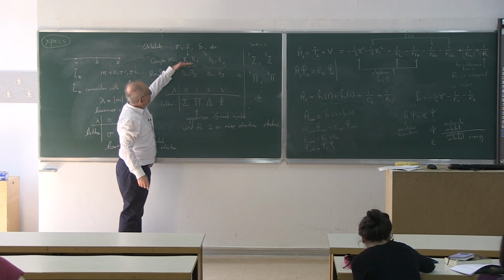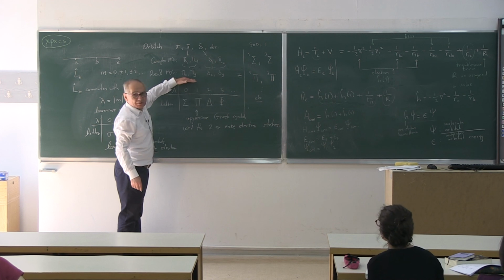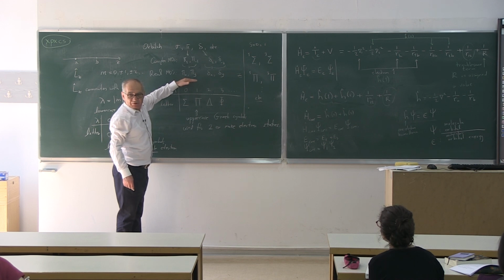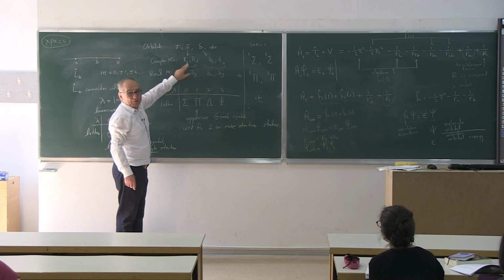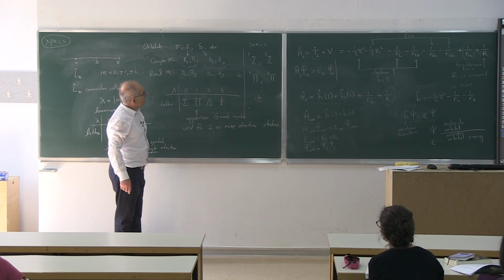Instead of this pair of orbitals, we may use the real valued molecular orbitals. The number of molecular orbitals cannot change, of course. There are 2 orbitals here. We must have 2 orbitals of the real type.